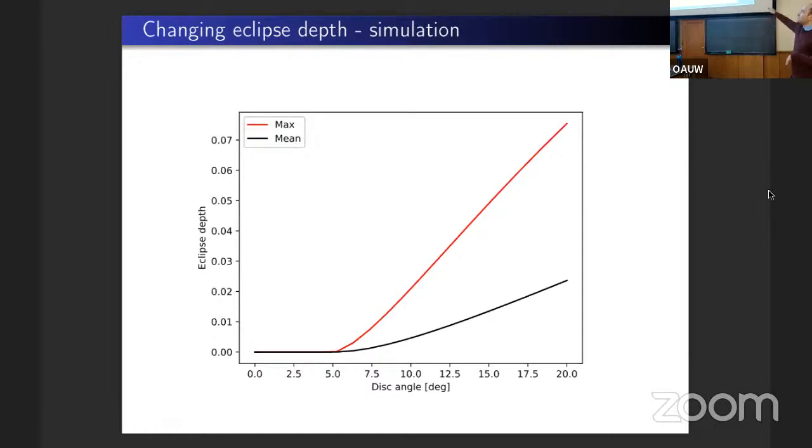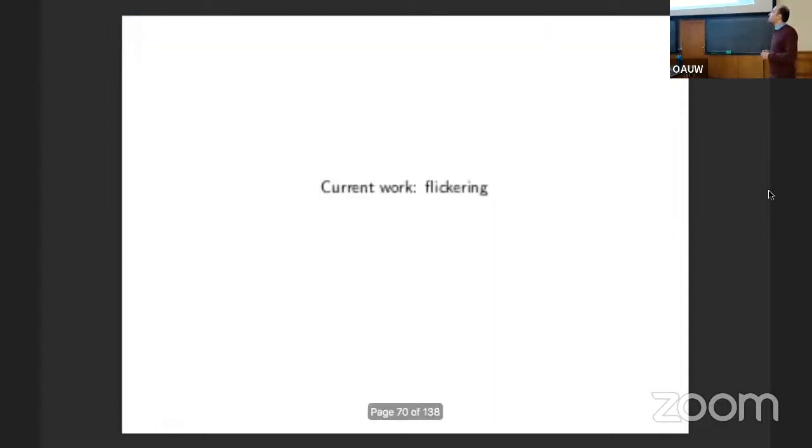You can see that the relationship is quite sharp. So hopefully in the future we can use that to measure the disk angle directly. But I would like more AQMan data to do that, because I would need to observe the change in the angle to be really sure that this is due to this effect.